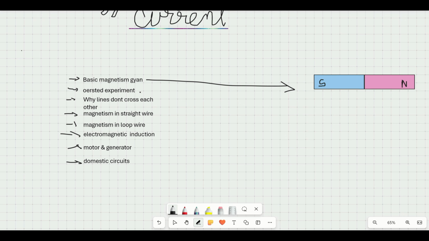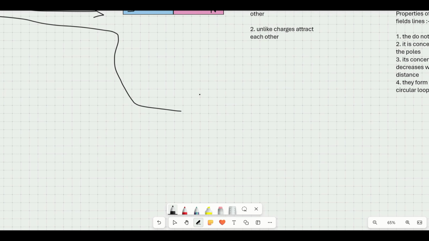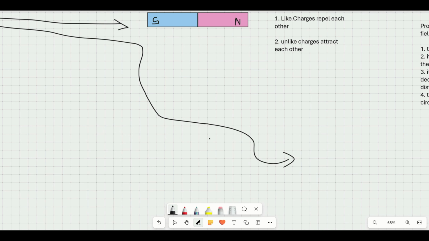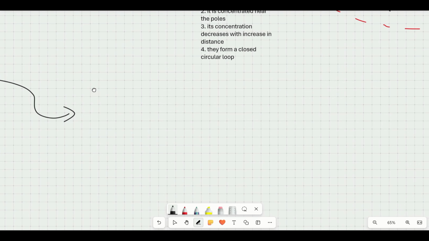Hans Oersted was a scientist, I think an American or German scientist, no one cares. The Hans Oersted experiment was actually an accident.